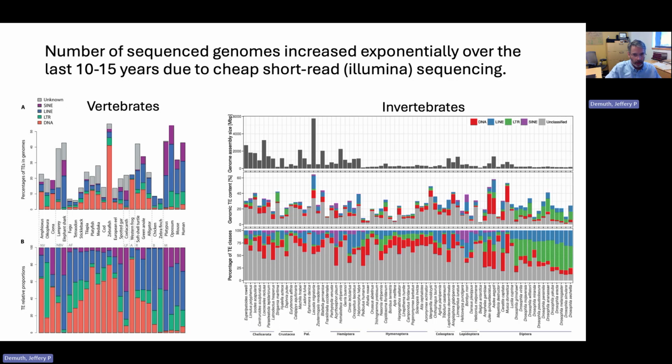Most of that short read sequencing is almost synonymous with Illumina, which is the sort of brand. We talked about that in previous modules. So lots of genomes out there based on short read sequencing. And so these two graphics show transposable element annotations and study based on those short read genomes.